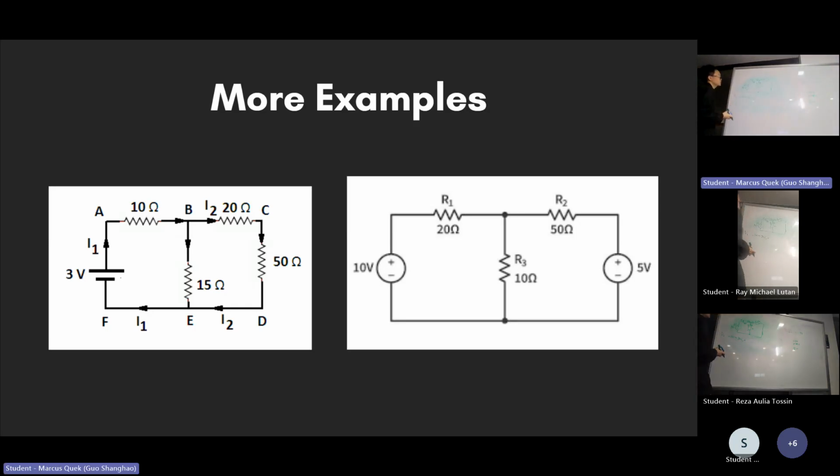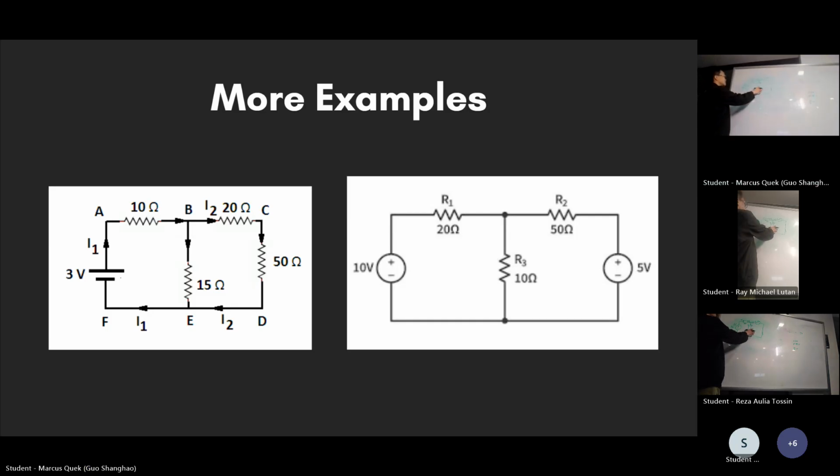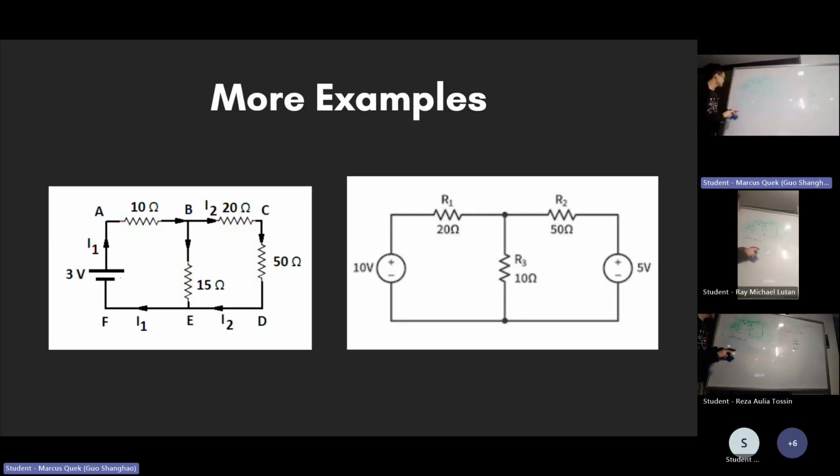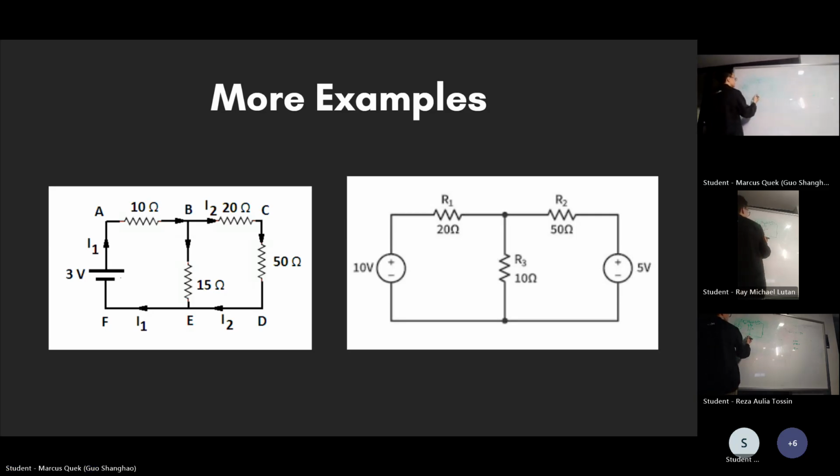In fact, you don't even need to use KVL and KCL for this case. You can just find all the currents, and the superposition theorem basically states that you can add the currents individually. So for this voltage one, I1, you can calculate it.